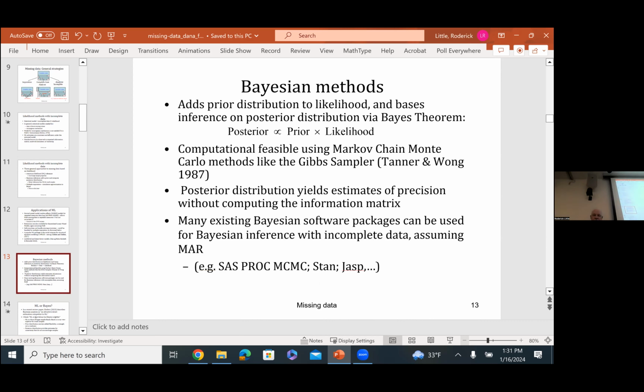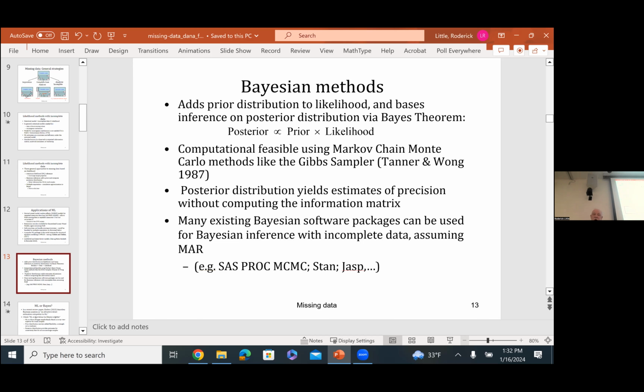This was revolutionized by a paper by Tanner and Wong in the 1980s, which they called data augmentation, which is essentially a form of Markov chain Monte Carlo. It's quite interesting because it's really one of the earliest practical applications of Markov chain Monte Carlo methods to handle a real problem. And missing data is a real problem, obviously.